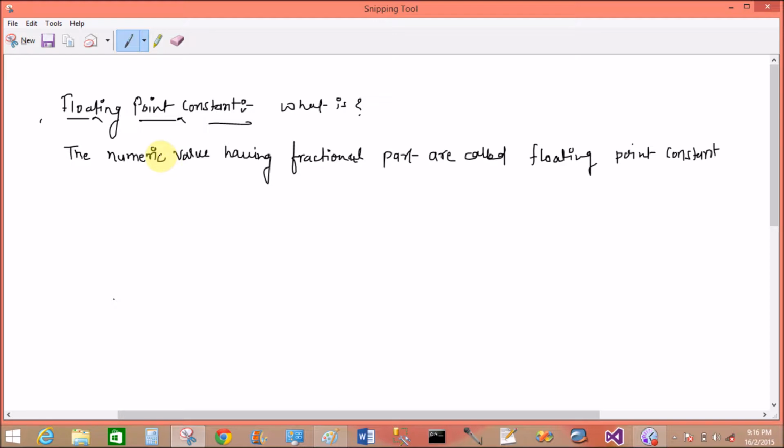Please write this down in your notebook. It's a clear and sweet definition of a floating point constant.